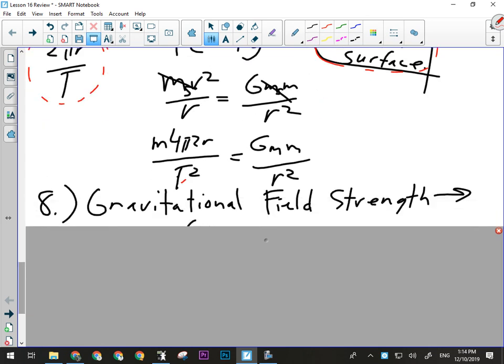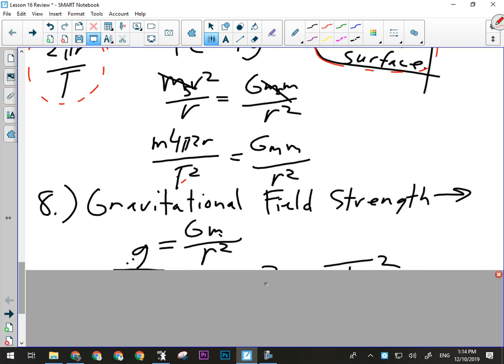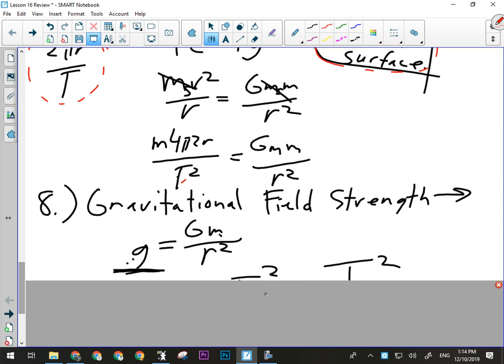All right, and then lastly, we talked about gravitational field strength, which simply calculates acceleration due to gravity at any given point. It is not a difficult formula to use. It is never set equal to anything else. It is simply a formula for its own sake. The difficulty lies in identifying whether or not the question is asking you to calculate gravitational field strength or giving you gravitational field strength.